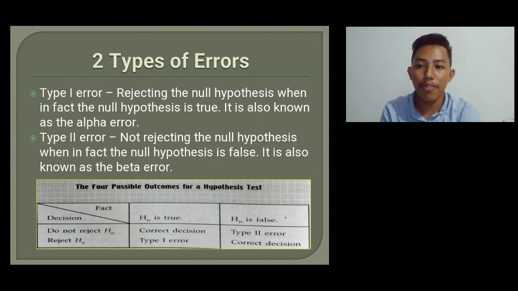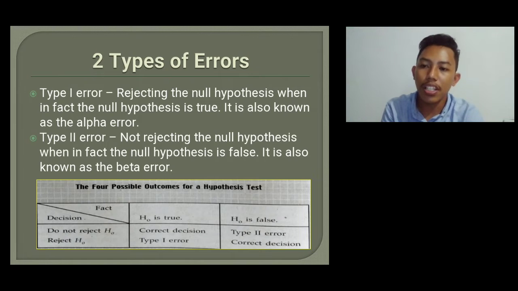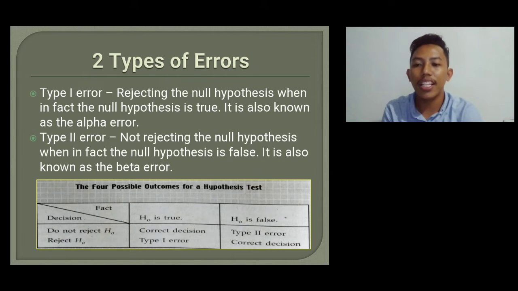So there are two types of errors, the type 1 and the type 2 error. In type 1 error, we reject the null hypothesis when in fact the null hypothesis is true. It is also known as the alpha error. The type 2 error is not rejecting the null hypothesis when in fact the null hypothesis is false. It is also known as the beta error. So here you can see in this table the four possible outcomes for a hypothesis test.